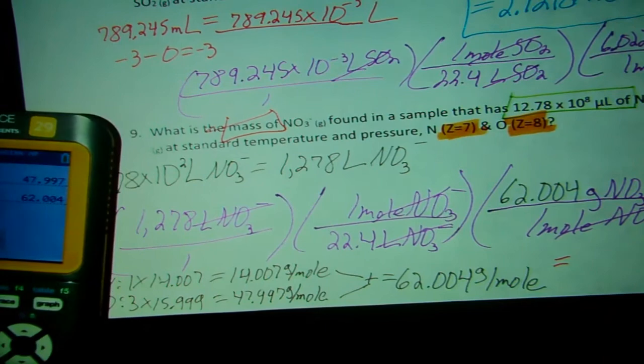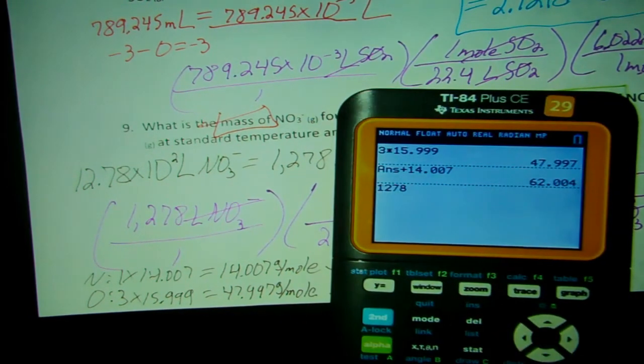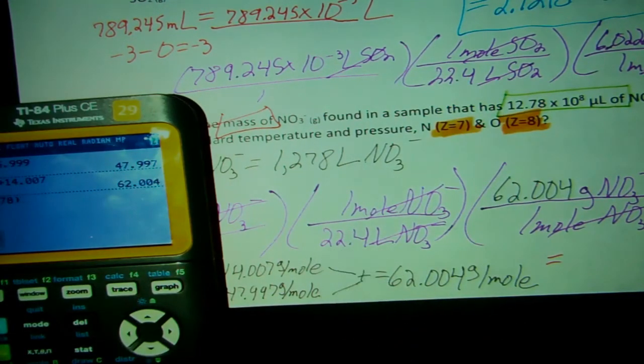In this, you're going to punch all that in the calculator. So I have 1,278, put parentheses, 1,278, parentheses are our friends. Denominator, so I divide by 22.4.